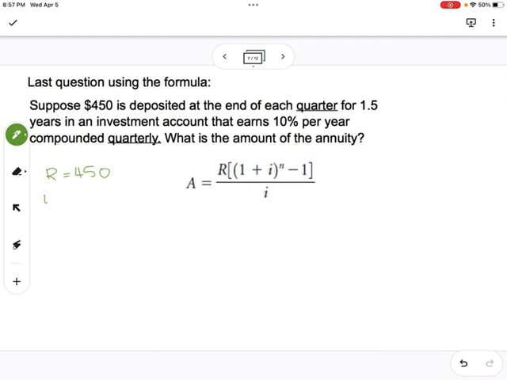Our interest, I, we have the 10%, which we want to divide by 100. We get 0.1. And then we're dividing by our number of compounding periods. Since it's quarterly, we divide by 4. Okay, so the same interest that we had already calculated, 0.025.